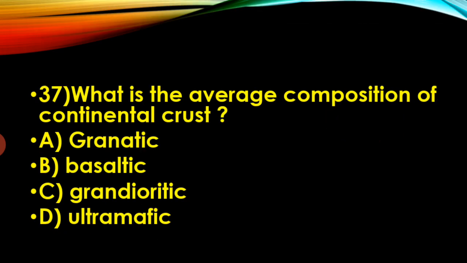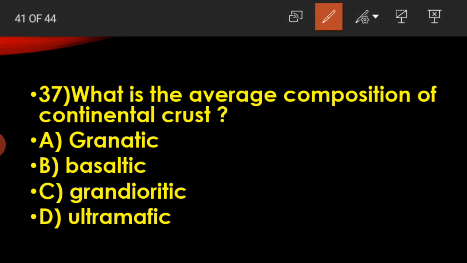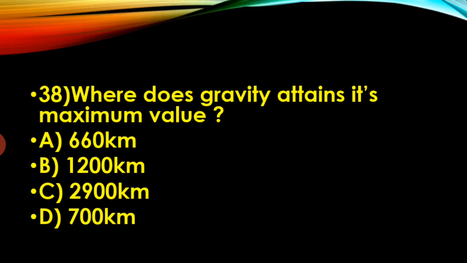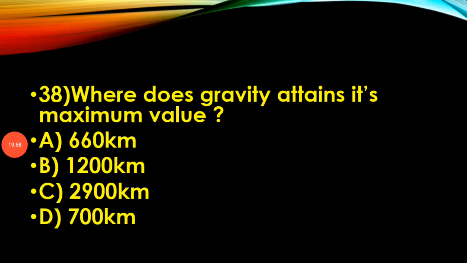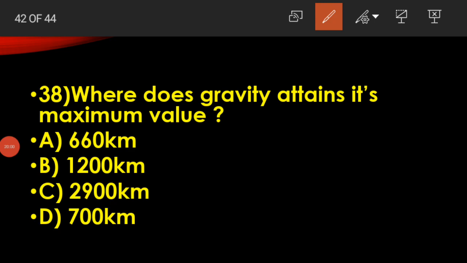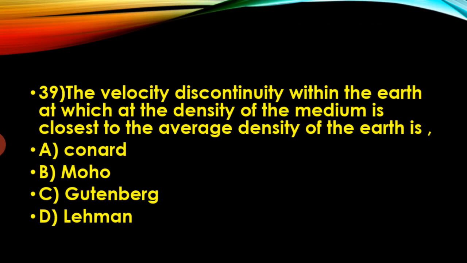Okay. What is the average composition of continental crust? Continental crust is granitic. Where does gravity attain its maximum value? Gravity attains its maximum value at 660 kilometers. Okay. Next question.